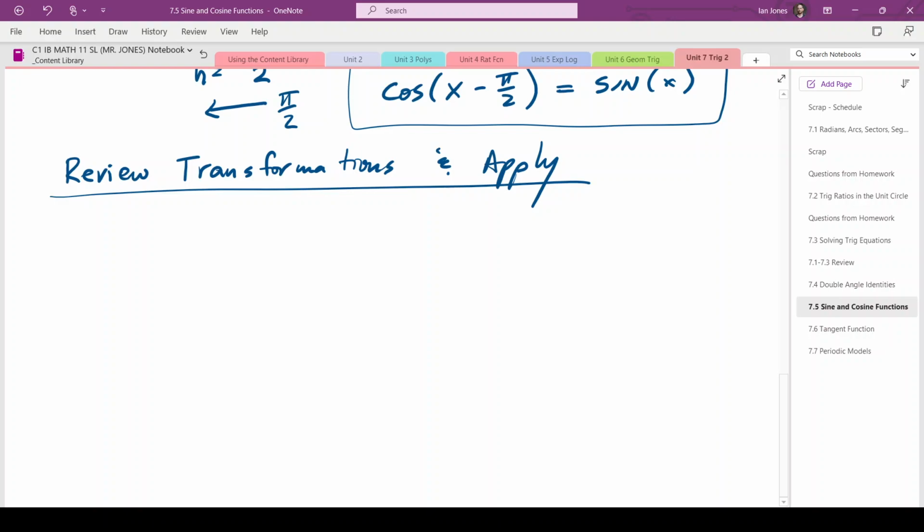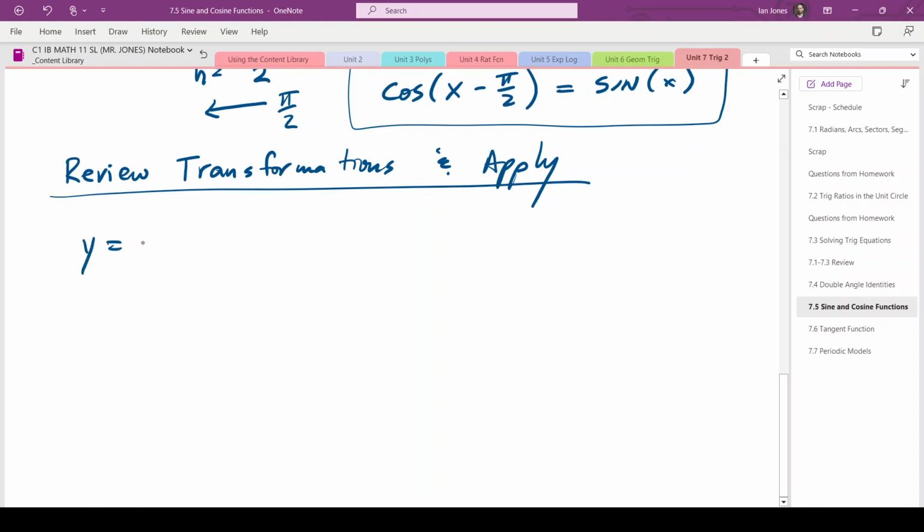So first of all, let's look at a familiar curve, y equals x squared, and apply each of the transformations to that along with sine and cosine. Okay, so I'm going to make a little table here.